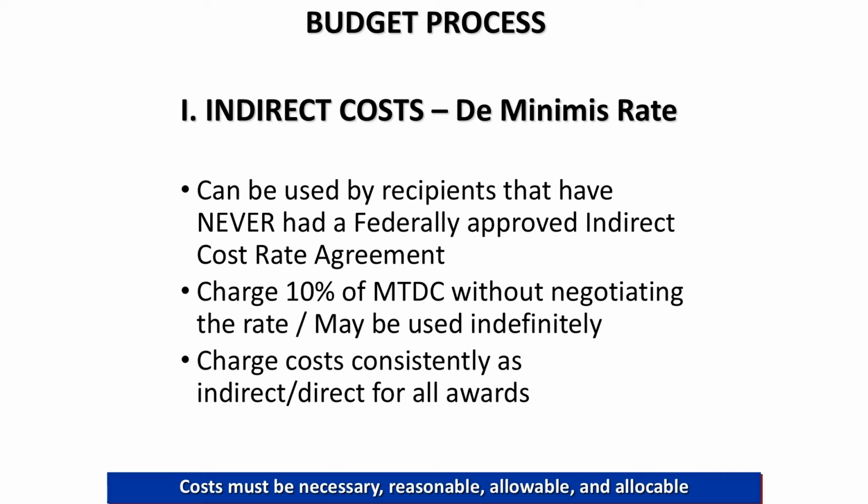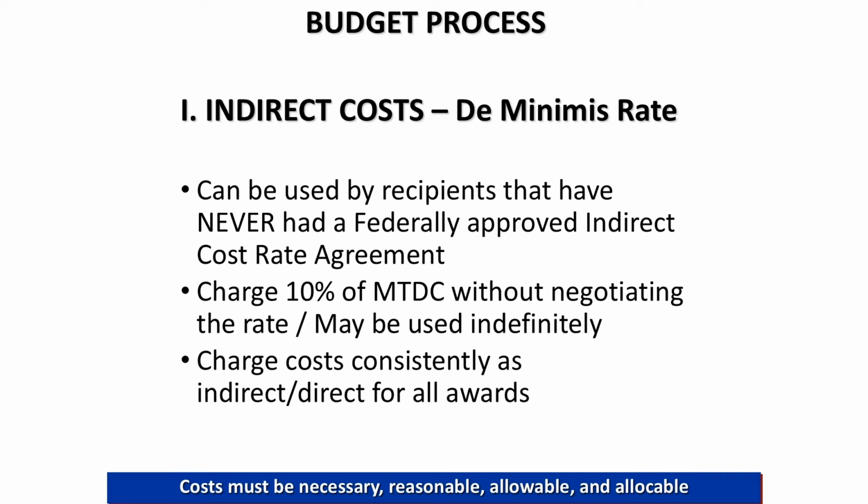Again, I can charge up to 10%. I can use the de minimis rate indefinitely or for as long as I want, or until I decide that I want to negotiate because the 10% de minimis rate isn't actually covering all of my anticipated costs that I'm having with this particular grant program.